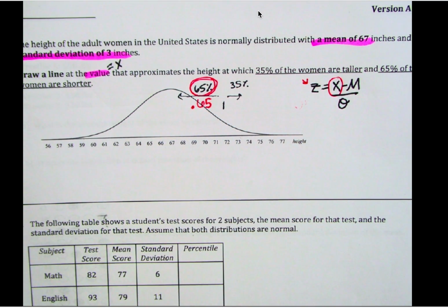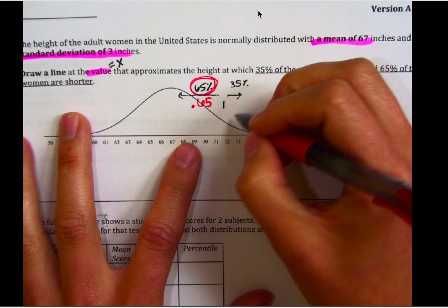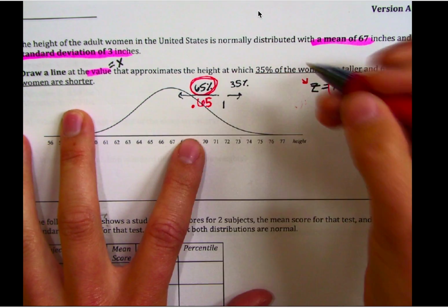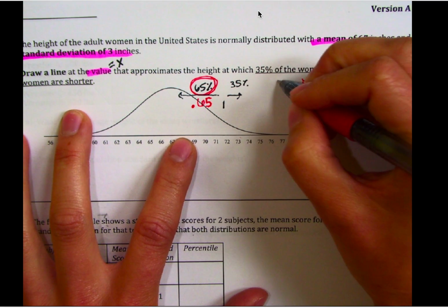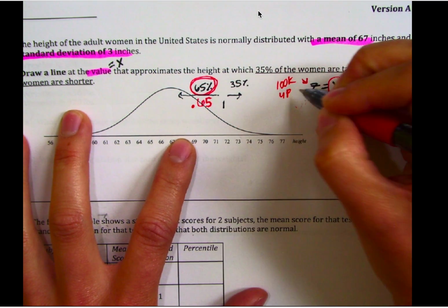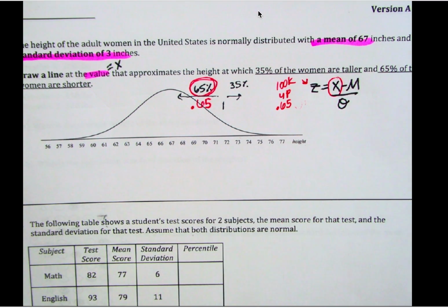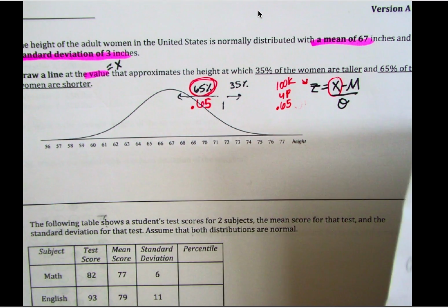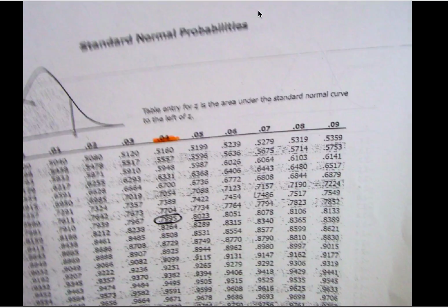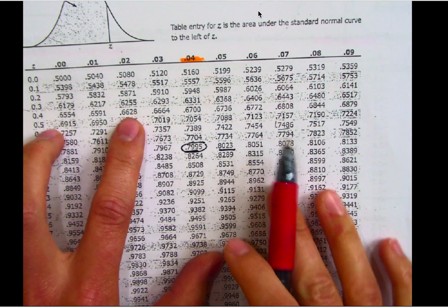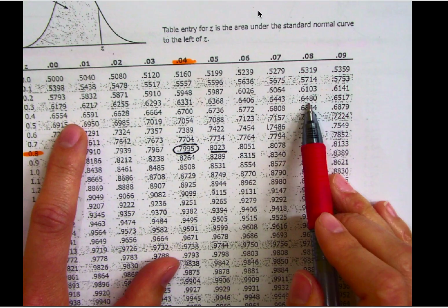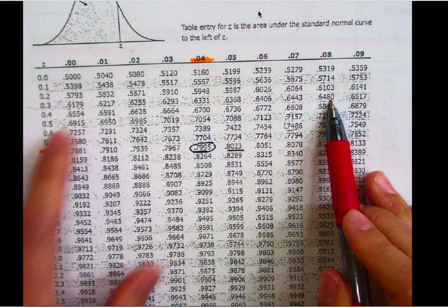So I'm going to first look up 0.65. To find the Z-score, I'm going to look up the Z-score for an area of 0.65. So when I do that, I use my table. I'm going to find 0.65, which is somewhere over here.